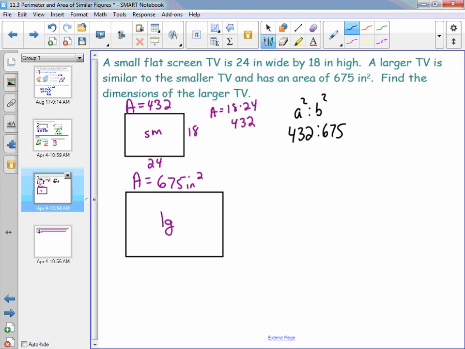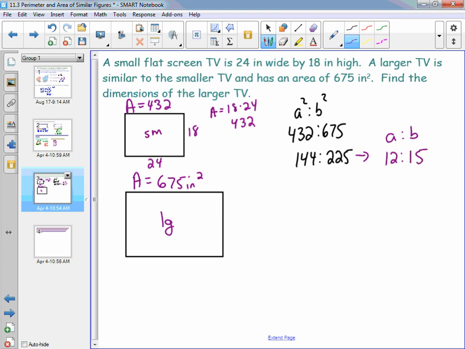Now neither one of these are perfect squares, but if we divide each by 3, we get 144 to 225. And I recognize that these are squares. We will then convert these to be A to B. So we're going to square root both of them, and we get that the ratio of sides is 12 to 15.